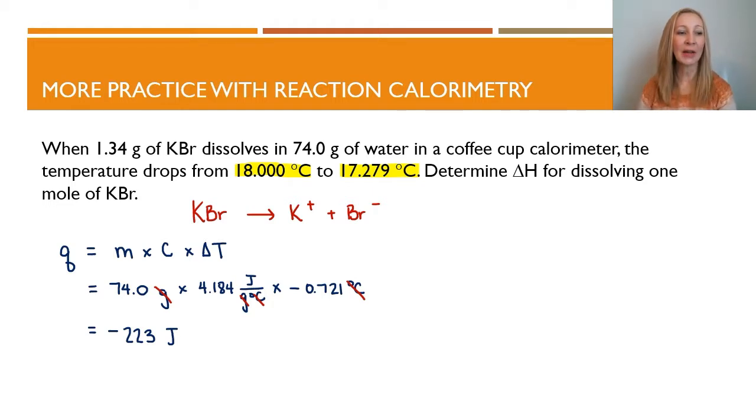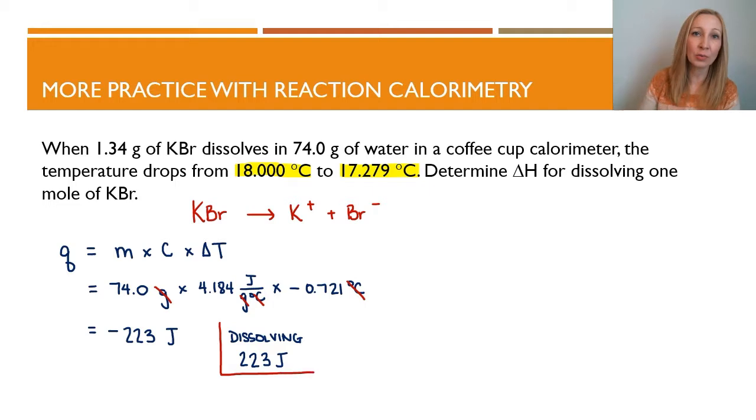So if we're looking at that dissolution or solution energy, the dissolving energy, we get a positive 223 joules. And that means that this is an endothermic reaction. If it's positive, it's endothermic, meaning it's absorbing energy. And it's absorbing that energy from the water because the water is losing energy. So the dissolving energy is 223 joules.